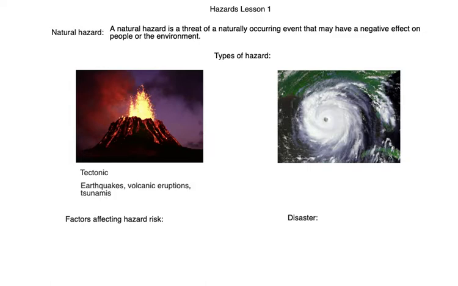And we also have climatic hazards over here. This includes hurricanes, also known as typhoons or cyclones. It also includes flooding, drought, and heat waves. Now, just to clarify, hurricanes, typhoons, and cyclones are all the same thing.